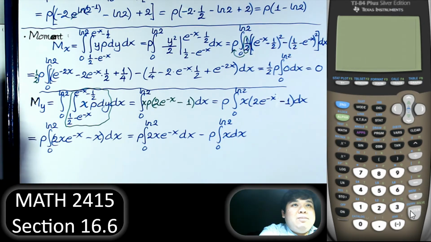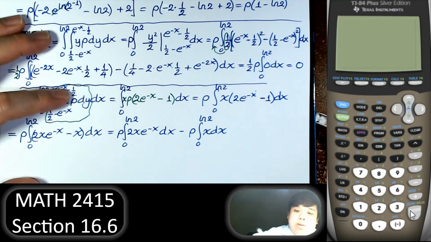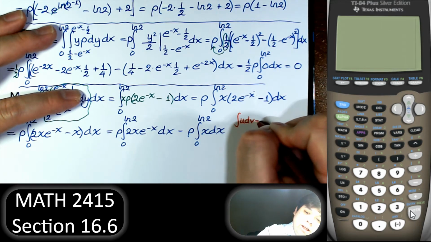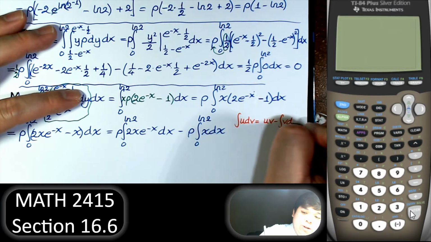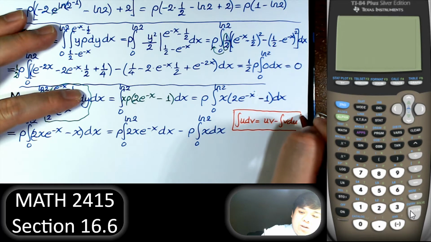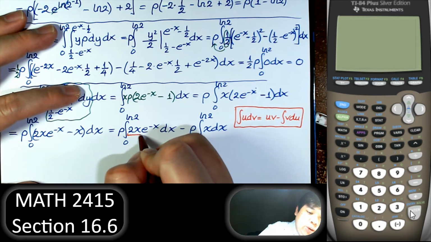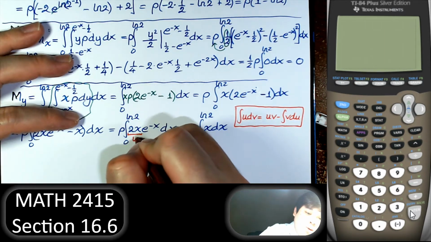We split that. Right, integration by parts. This is simple. I'm not going to use the table. Integration by parts: integral of u dv equals uv minus integral of v du. That is integration by parts. Now we will let u be 2x, because the derivative of that is easy to do.